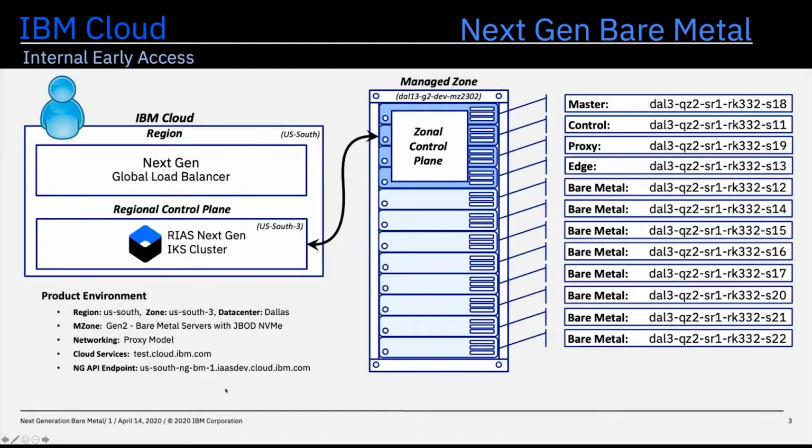Our IAM services are done through test.cloud.ibm.com. All of these bare metal servers are actually the Gen 2 servers that have the JBOD NVMe deployed on them. This means that if someone like VMware, and in fact our demo uses ESXi as the operating system that's deployed on the bare metal machines, they can actually use these for things like vSAN and stuff like that.